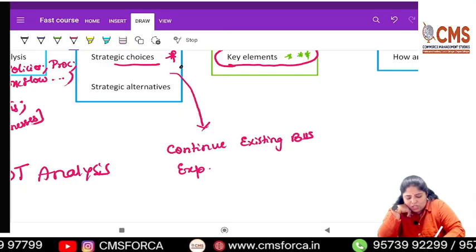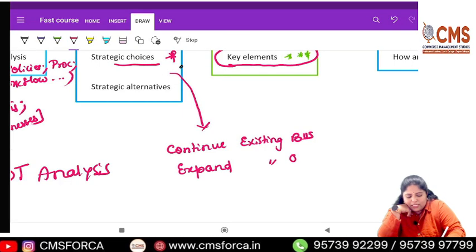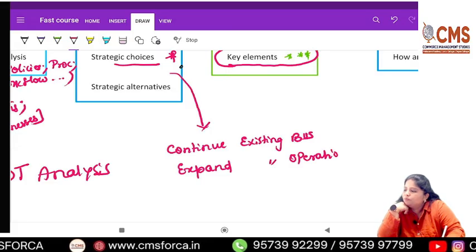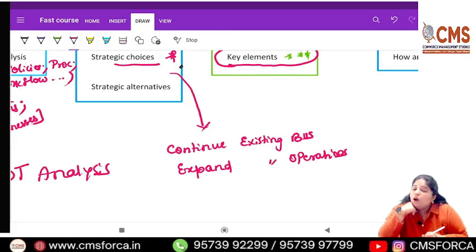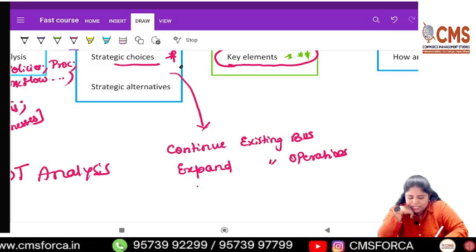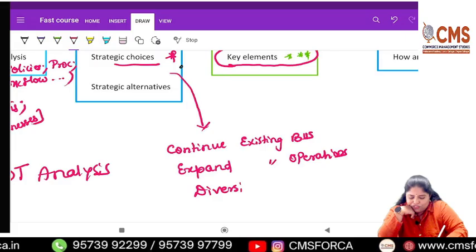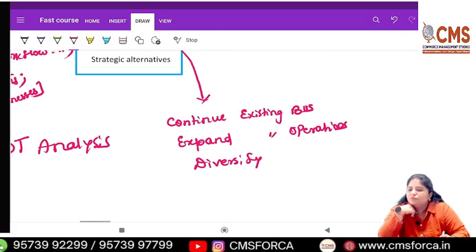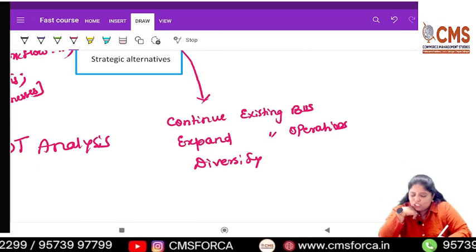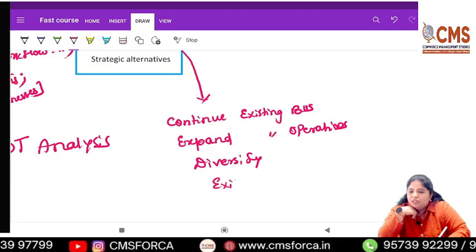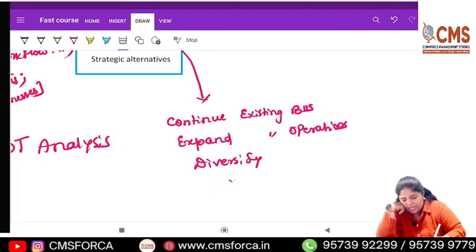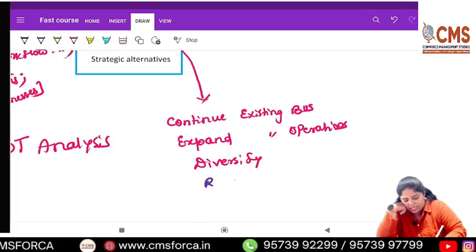Organization may take a choice to expand their existing operations. Organization might decide on diversification. Or organization may decide on, okay, rather than writing exit, we can say retrenchment.